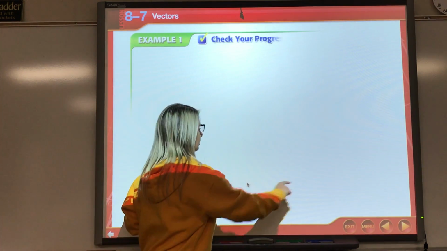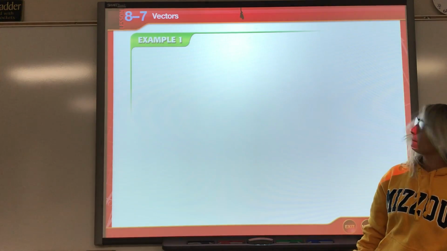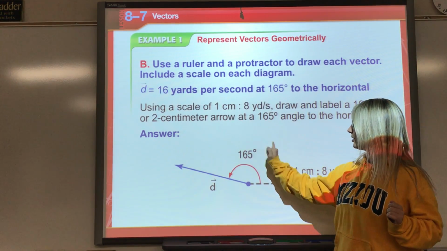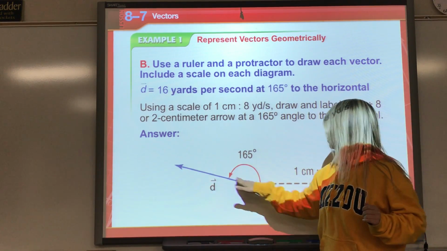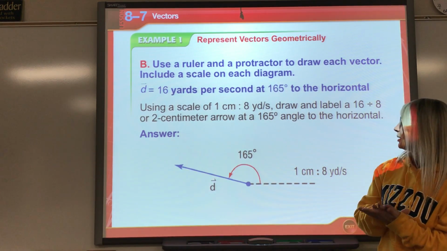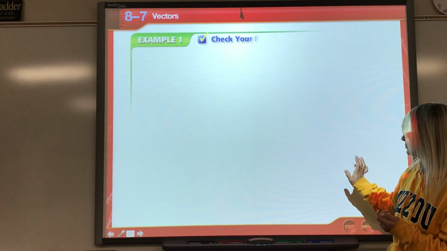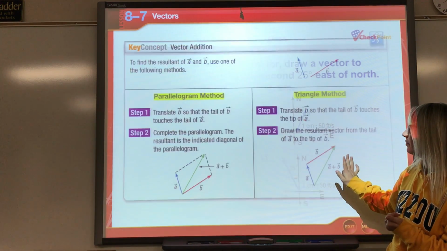So here's our x-intercept, and we're going 165 degrees, and this is 2 centimeters long. Okay, this you do the same type of stuff.